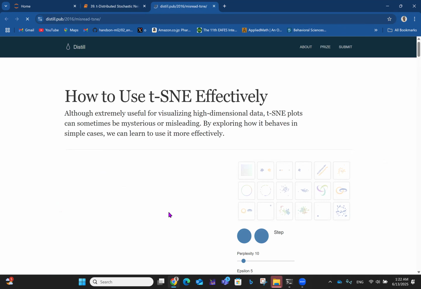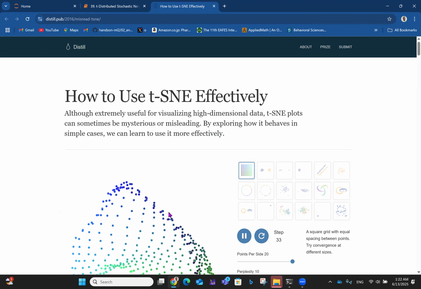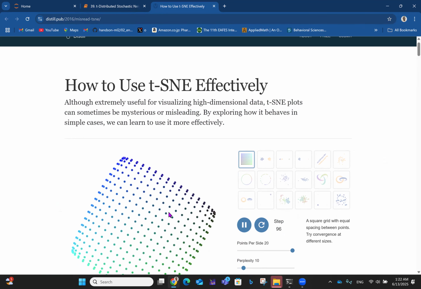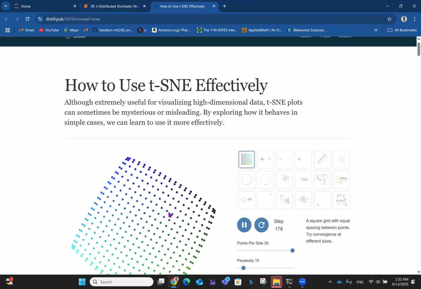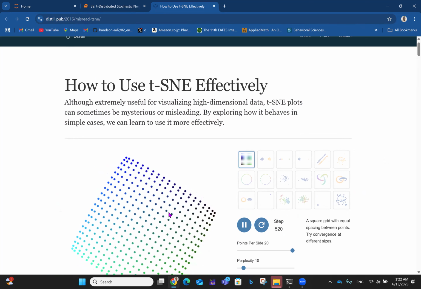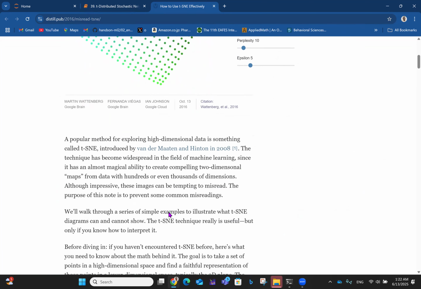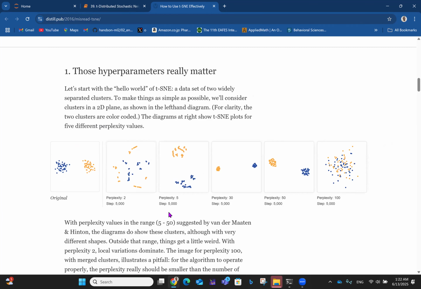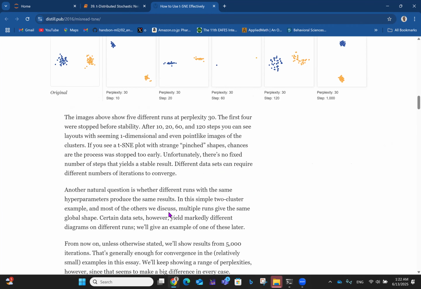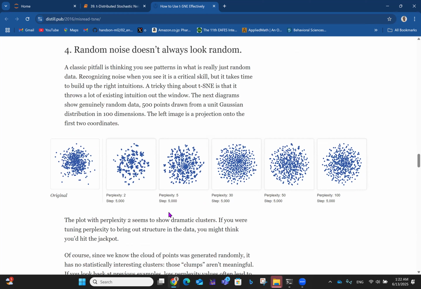If you click on this, you may see how to use t-SNE effectively. Although extremely useful for visualizing high dimensional data, t-SNE plots can sometimes be mysterious or misleading. By exploring how it behaves in simple cases, we can learn to use it more effectively. So this gives you whole documentation on how to interpret t-SNE plots. You want to make yourself comfortable with that.